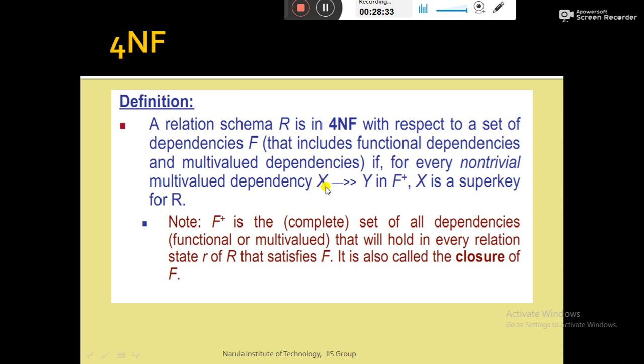If X is a superkey, then we can say that relation R is in 4NF. And if the multivalued dependency is trivial, then also we can straightaway say that it is in 4NF. It will be much clearer if we discuss it with an example.